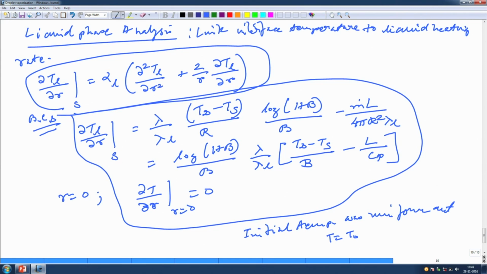I am sorry, I made a mistake there. So that is the equation. This is basically a transient heat conduction equation.